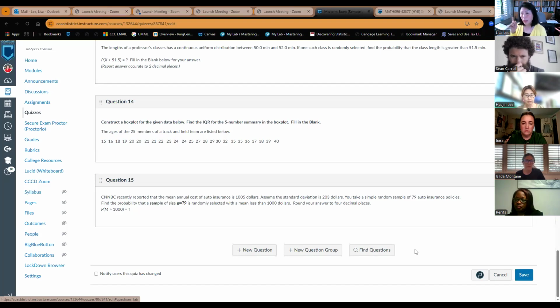So we need to apply chapter 7, the central limit theorem, for this problem. How I do it: the standard deviation from the population, here the $203, we need to divide by the square root of the sample size. That's very important. So I'm going to write it on the chart so you can see instantly what we need to do here.